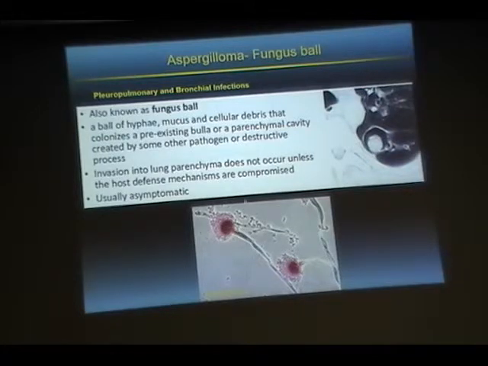This doesn't happen normally, but only in people who are hospitalized and undergoing some steroid treatments or with extremes of age. This is an X-ray of a fungus ball in the parenchyma of a patient's lung, caused by Aspergillus niger, which is again an opportunistic infection.